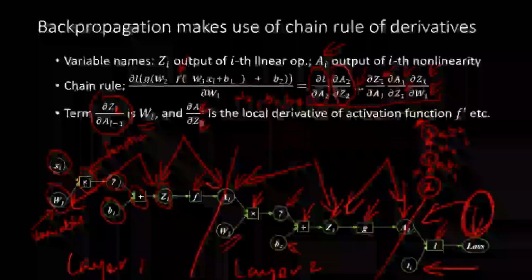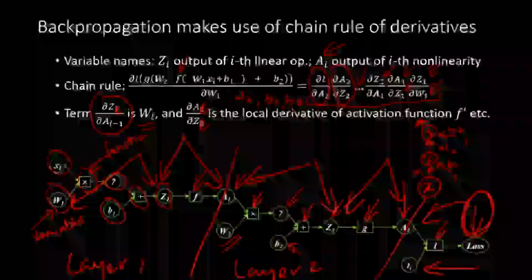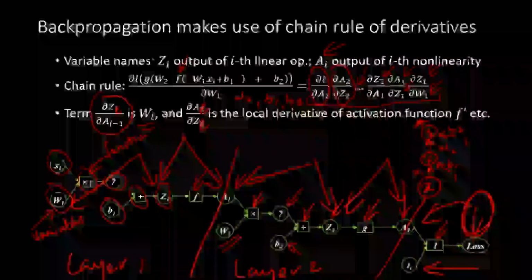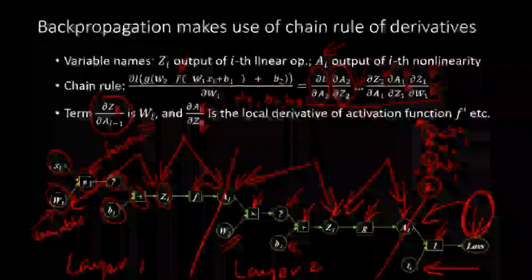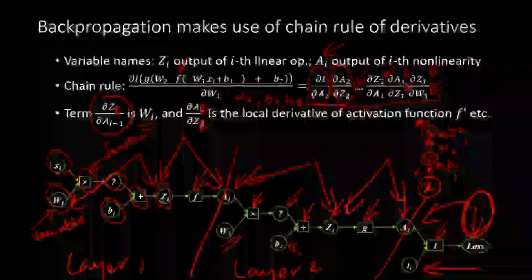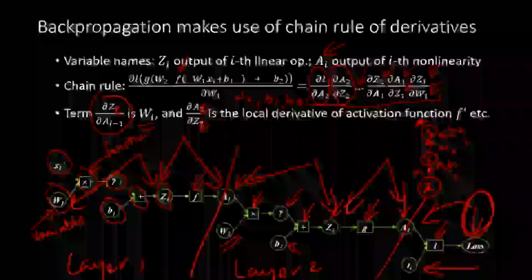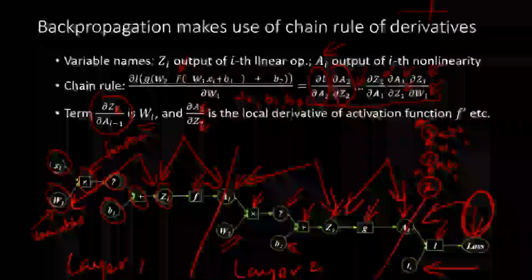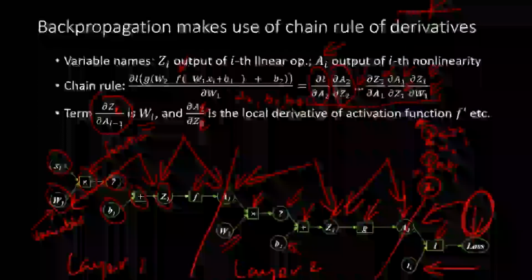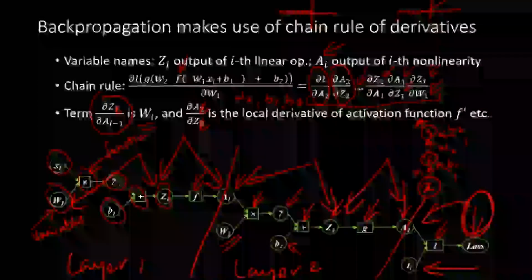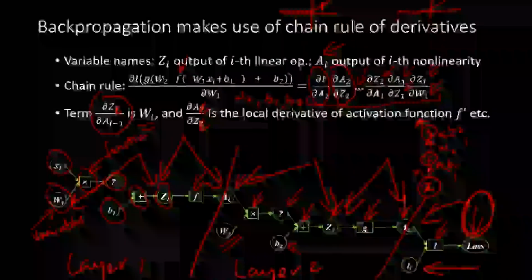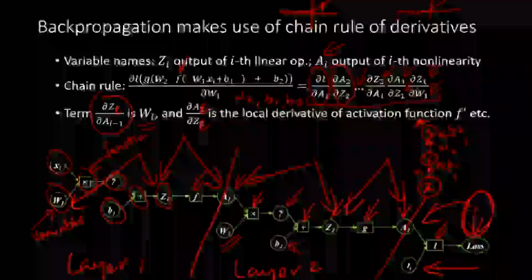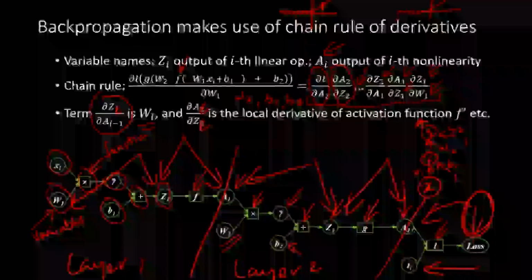So if we look at del AL by del ZL, where L is the layer number, then that is basically the partial derivative of this f, whatever f is. So if it is sigmoid or ReLU, whatever is the derivative at a particular point of that function, that is basically what del AL by del ZL is.